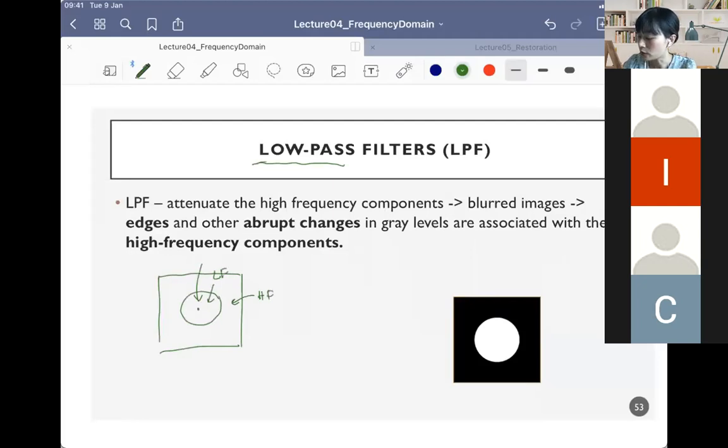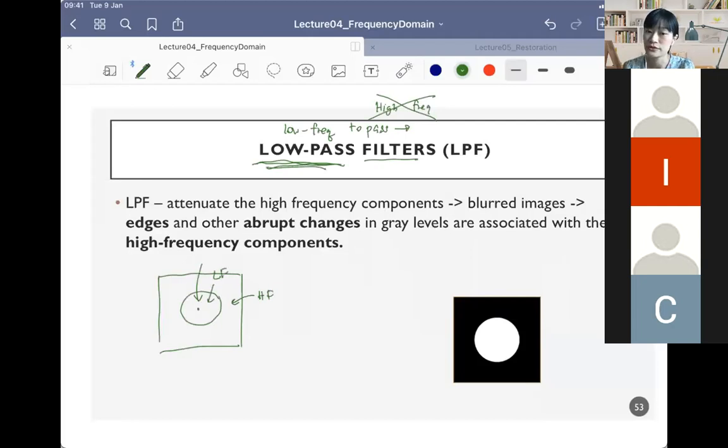So for low pass, it means that you want low frequency to pass from this filter. But for the high frequency, all of it will be removed.